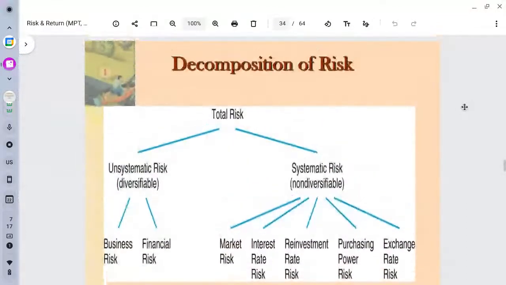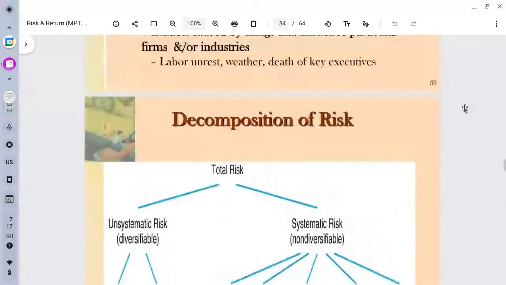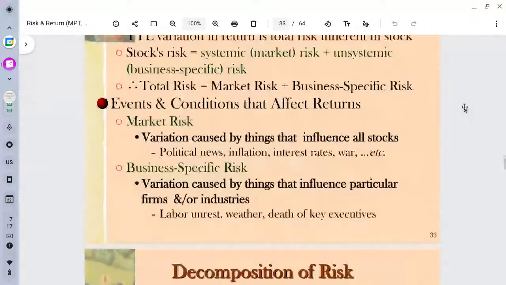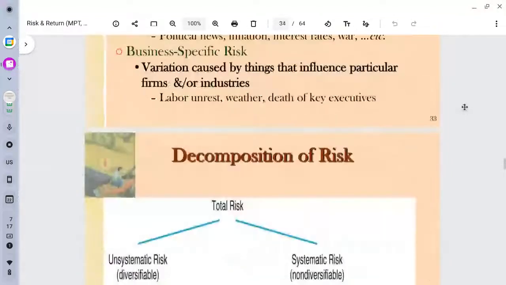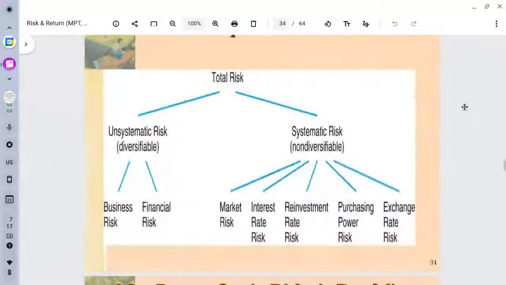Okay, so when we say risk, remember in bond, the risk was basically interest rate risk, reinvestment rate risk, right? What else?